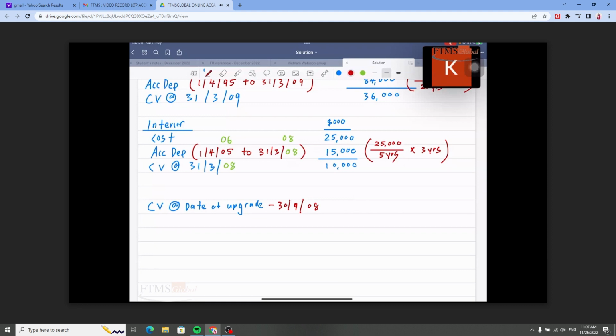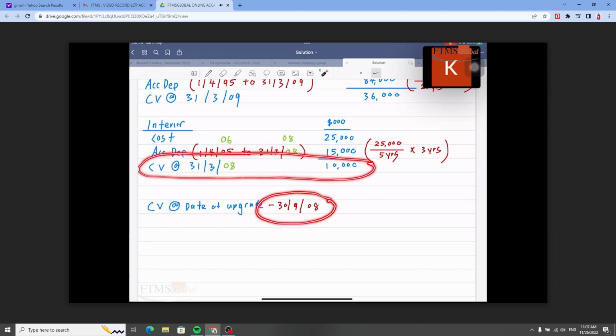So apparently I have not reached this figure yet, because now my carrying value is only until 31st March 08. Can you see? I need this figure, but I still need to continue to depreciate because I only depreciated until 31st March 08.